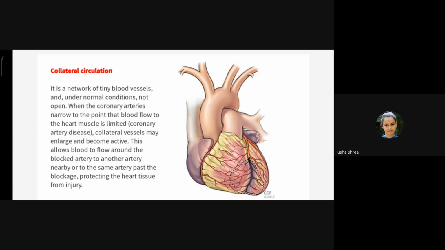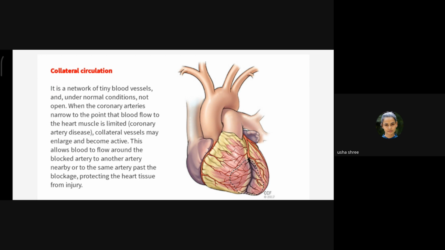Means collateral circulation or collateral vessels are very tiny blood vessels, and they generally do not open during normal conditions. When the coronary artery is narrowed and is not able to supply blood sufficiently to the heart, in that case collateral vessels may enlarge and become active.